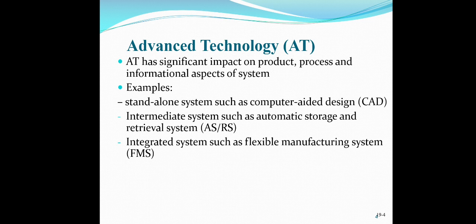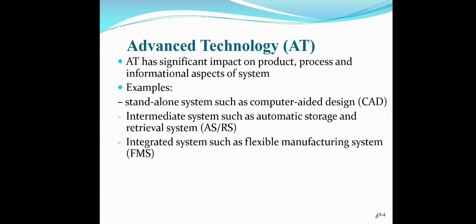Okay, these are several other points. Advanced technology has significant impact on product, process and informational aspects of a system. For example, standalone systems such as computer-aided design, intermediate systems such as automatic storage and retrieval systems, integrated systems such as flexible manufacturing systems.